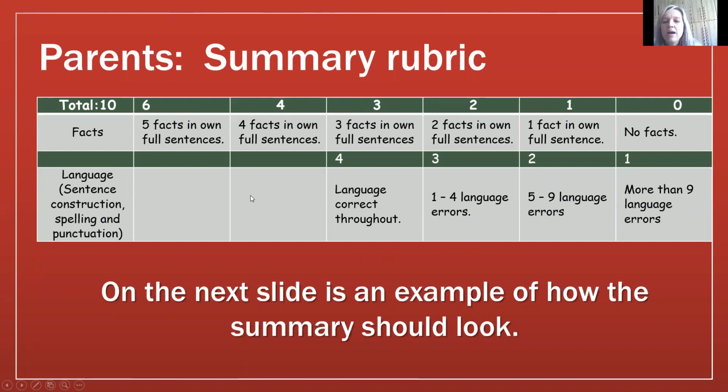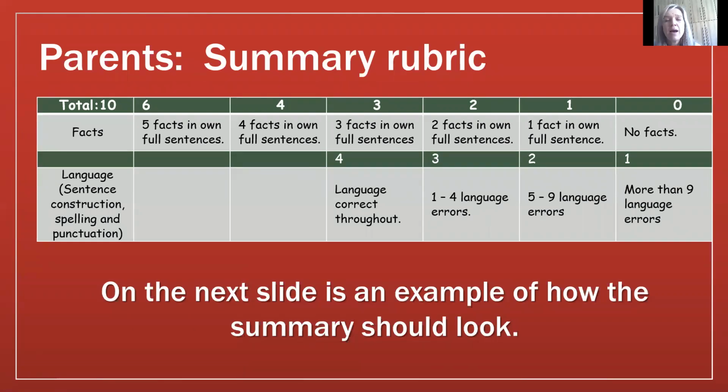Parents, I want you not to rewrite, help them, but let them write their own sentences. It doesn't need to be something that the president's going to use in his next speech. It's their grade 4. It needs to be simple sentences on their level.